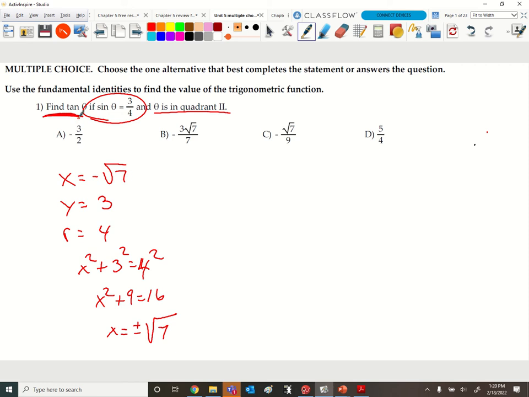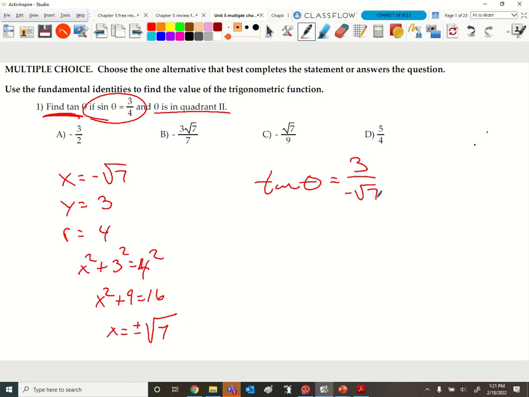And I'm looking for tangent theta. We know tangent represents y over x. If you don't know that, it's on the reference sheet, right? So, tangent theta is y over x. So my y value is 3, my x is negative rad 7. Do I leave it like that?